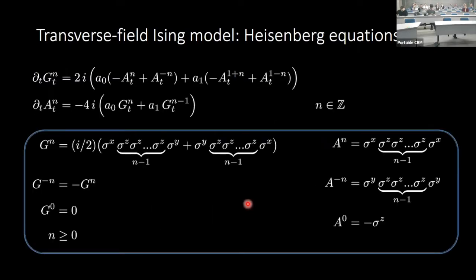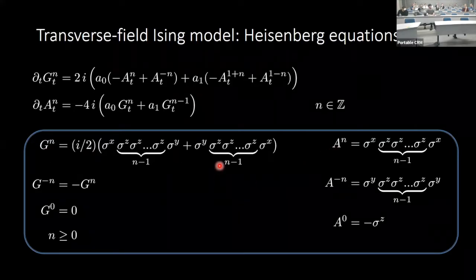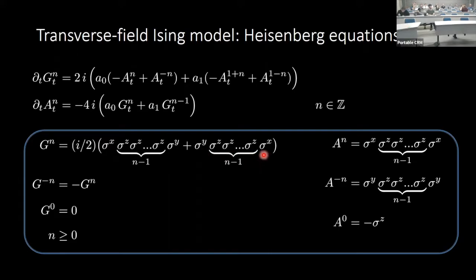Now we introduce two families of operators, Gn and An. So they are strings or linear combinations of strings. As I said, in the middle of the strings there are sigma z's, and at the ends of the strings there are either sigma y's or sigma x's. And we get a system of equations for these An and Gn. It looks quite simple.